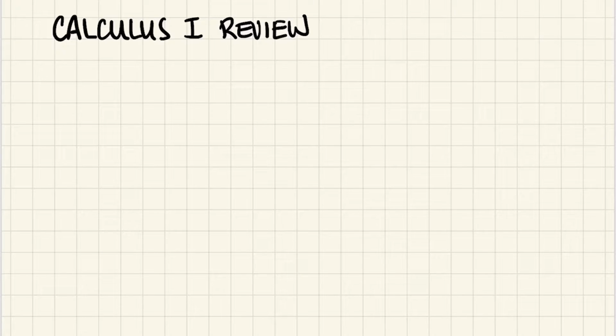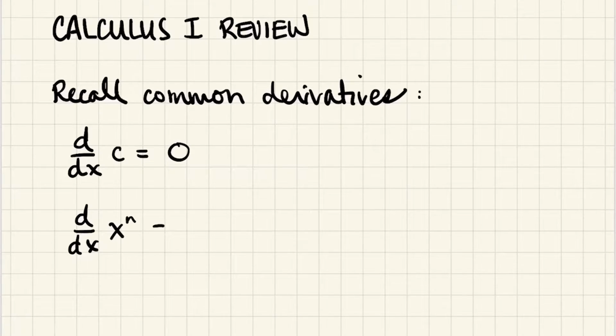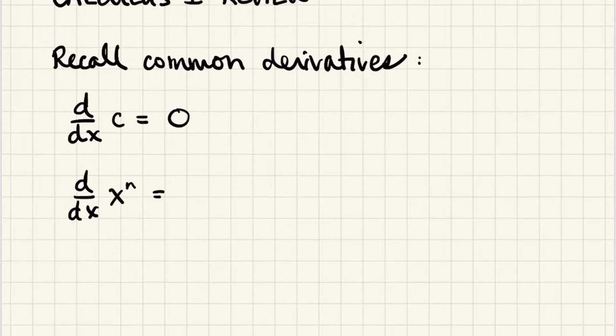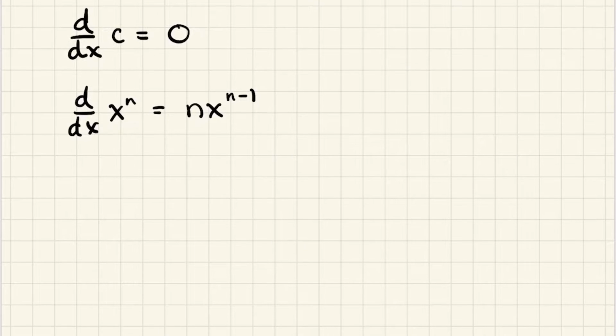Okay, let's start out by recalling some common derivatives. So the derivative of a constant is, of course, just 0. And the derivative of a monomial, x to the n, would be just bring the n down, x to the n minus 1.